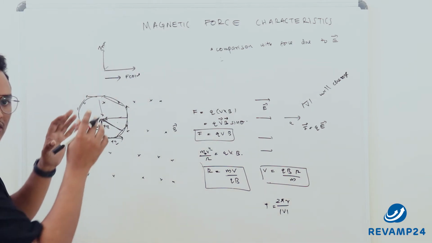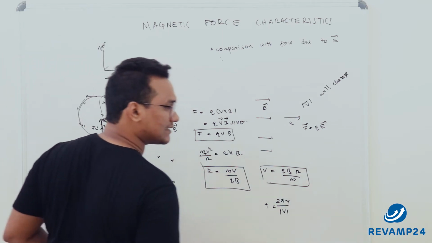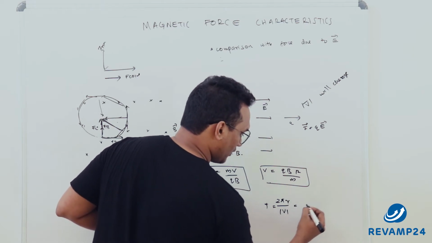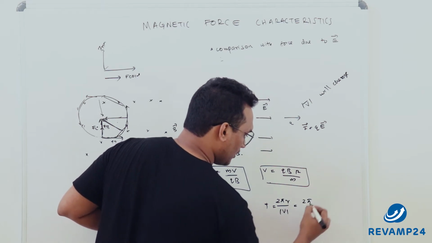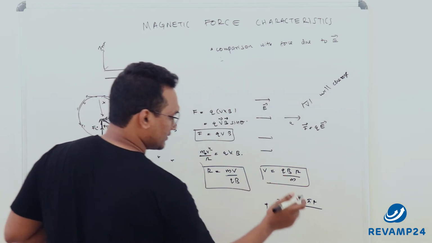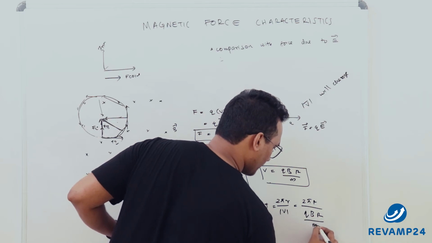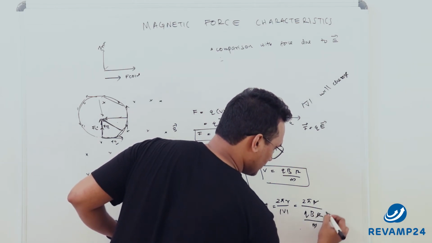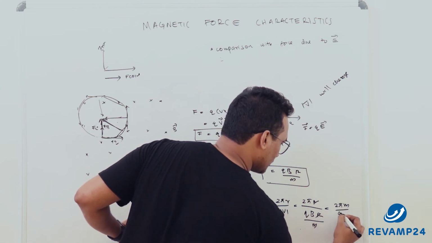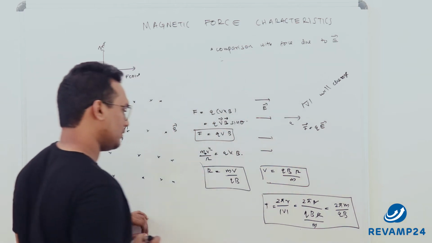Time is equal to the total distance covered divided by speed. The magnitude of velocity is the speed here. So 2 pi r divided by qBr by m. So r will cancel. What will be the value? 2 pi m divided by qB. This is the value of the time period.